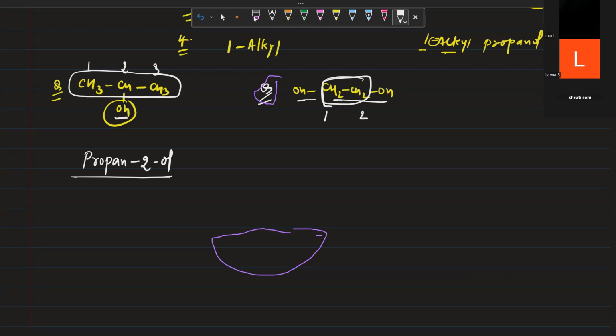So how many carbons? Two. Then we identify it as ethane. First and second carbon both contain alcohol. So ethane 1, 2, and how many OL, how many oxygens are here? There are two, so it will be di.